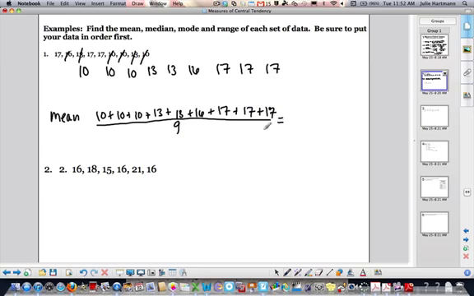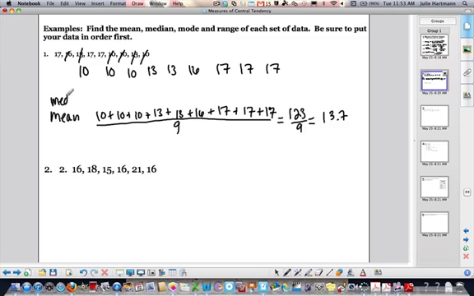So you can do out that calculation. 10, 20, 30, 40, 50, 60, 70, 80, 90, 100, 110, 123, I think, divided by 9. 123 divided by 9 is 13.6 repeating. So we're going to round that to 13.7. So that would be your mean.